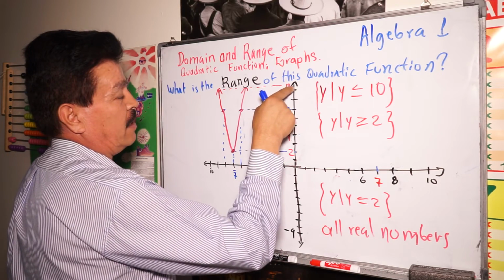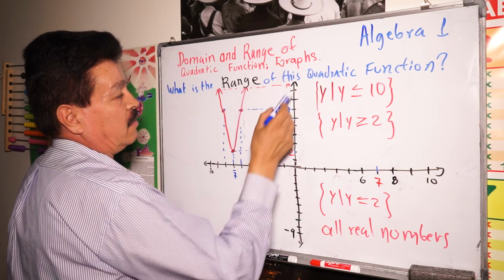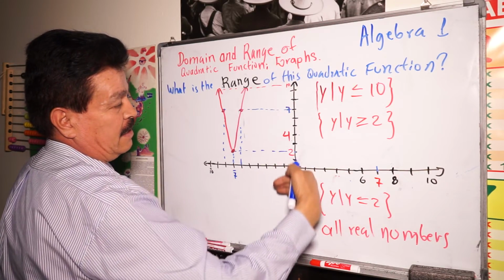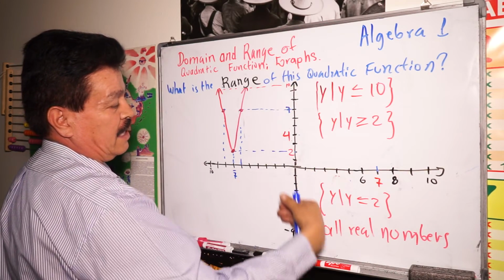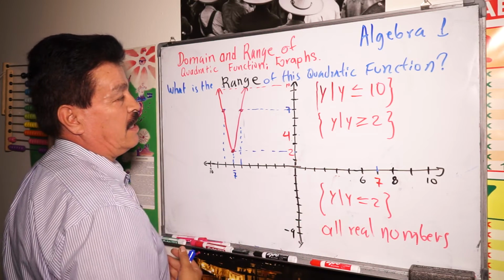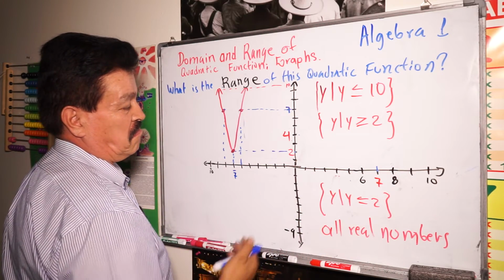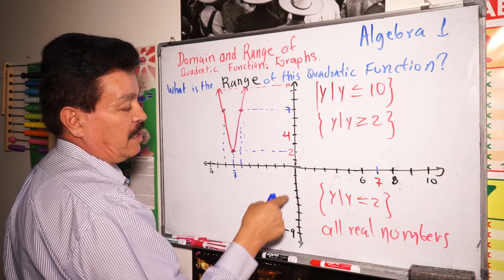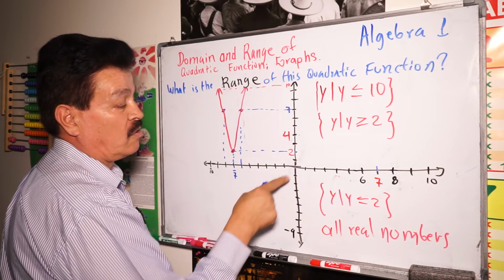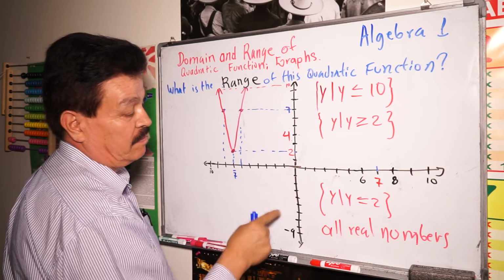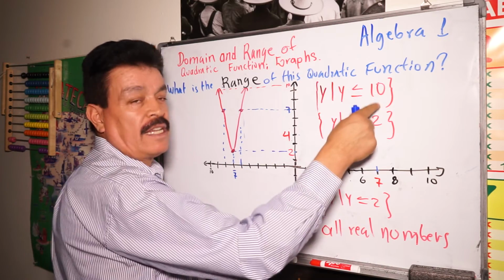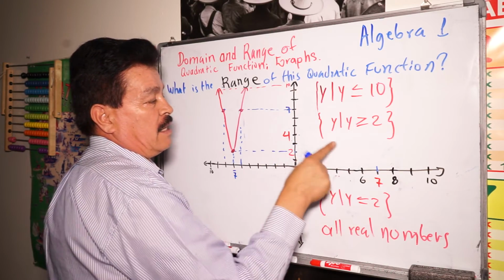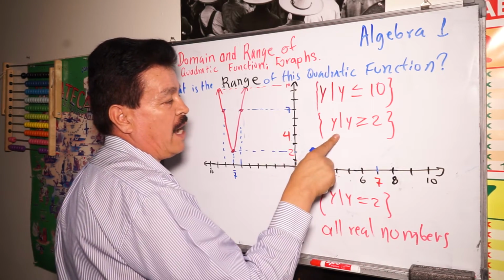We're talking about y less than or equal to 10. It is not right, because less than 10 could be negative: 0, -1, -3 are less than 10. So this is not it.